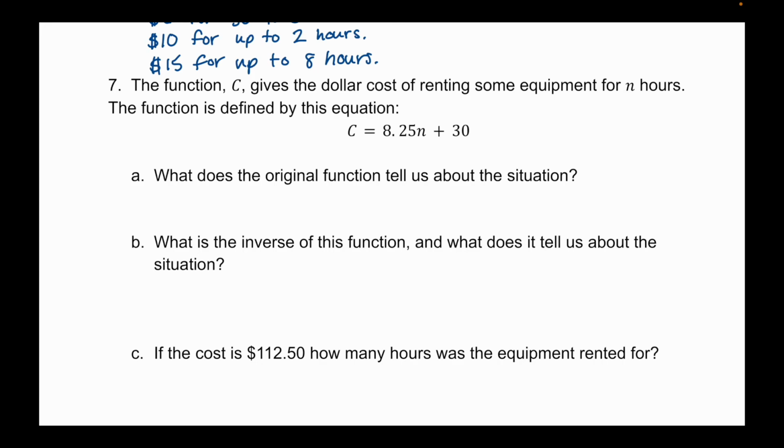So the original function tells us a couple things. I have a flat amount that I'm starting with, so 30. That's not going to change no matter how many hours I rent for. But the coefficient on n tells us the price per hour.